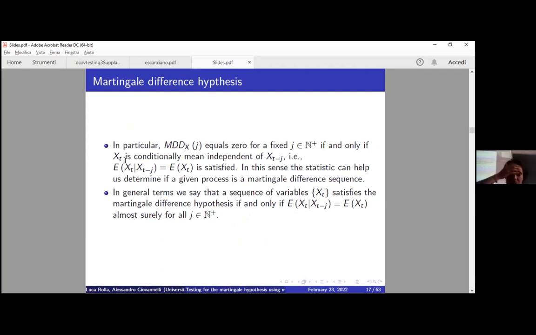Okay. Let us discuss a bit the martingale difference hypothesis. Martingale difference divergence at lag j will be zero if and only if xt is conditional mean independent of xt minus j. We can use this property to determine if a given process is a martingale difference sequence.